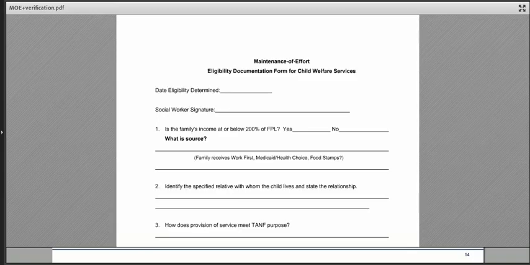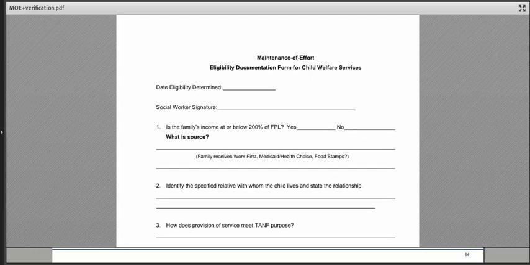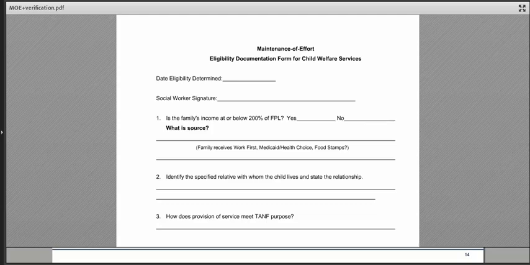And this MOE form, which you'll now see in front of you, has some very simple questions. It has the date the eligibility is determined, and the social worker is going to sign. It asks, is the family's income at or below 200% of the federal poverty level? What's the source of that knowledge? It can be because the family receives Work First, Medicaid, food stamps.